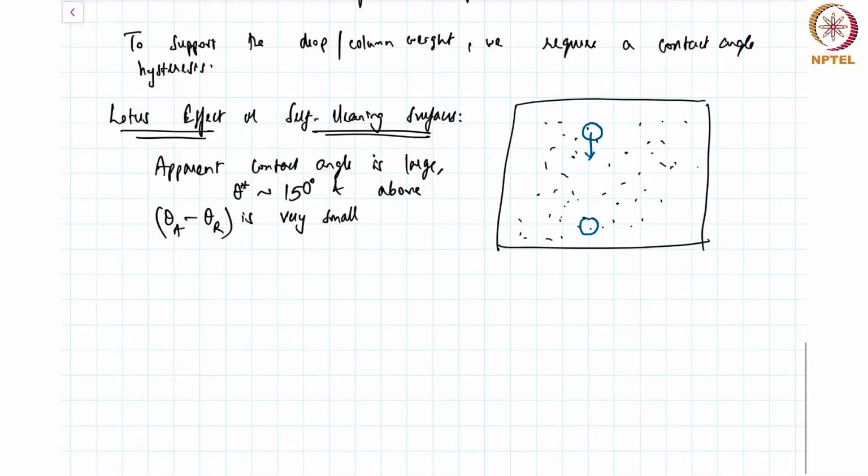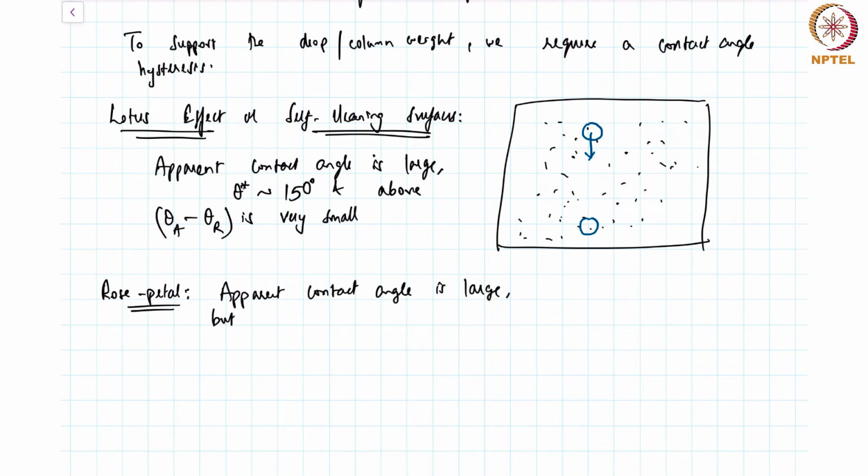Okay, that's the first thing. Now what about surfaces like the rose petal, sometimes referred to as the petal effect? In rose petals, what tends to happen is the apparent contact angle is large, but hysteresis is also large.